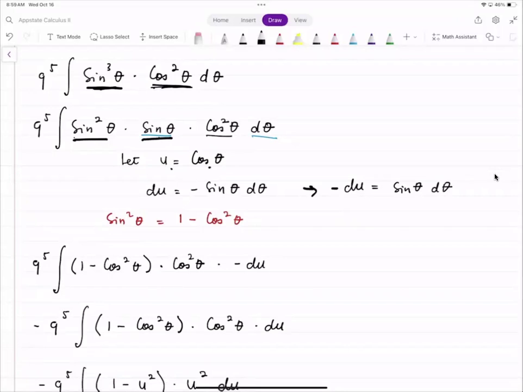So this sine squared theta can be written as 1 minus cos squared theta. Now, we can also see that this cos squared theta is here. And then we represent sine theta d theta with negative du. Is that your question, Noah?